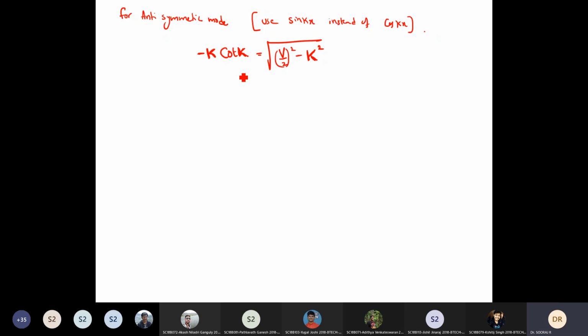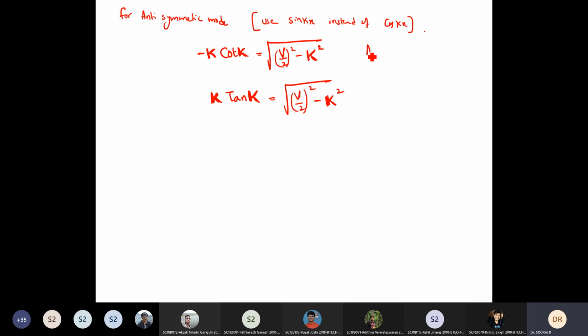Now we'll try to plot these two equations. One is minus K cot K, the other is K tan K. K tan K is equal to root of (V by 2) the whole square minus K square.